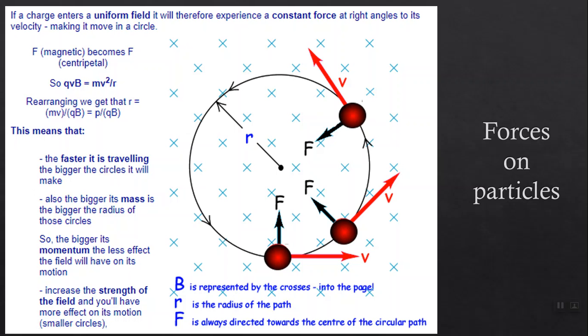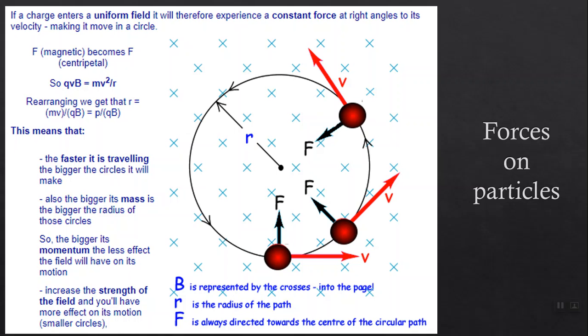Hence we can rearrange that equation so that r equals mv over BQ. mv is mass times velocity, which is momentum. So the radius of the circular path of a moving charged particle equals momentum divided by the charge of the particle and the magnetic flux density.